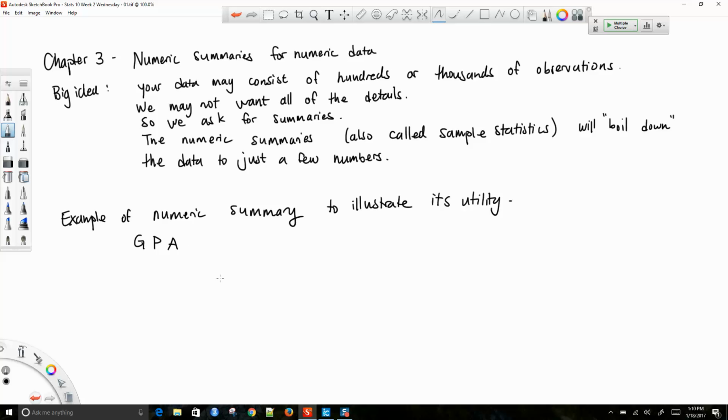GPA is a single number, and this single number is supposed to summarize your academic career, right? Am I wrong in saying that? That's kind of the purpose of the GPA, right? It's a single value that is supposed to summarize your academic career.